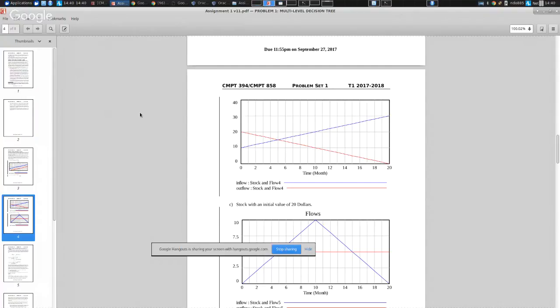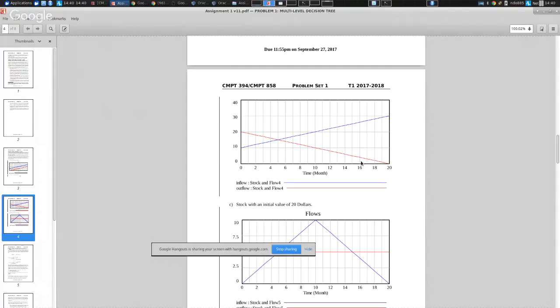So, if we have an inflow to the stock that looks like this, and an outflow that goes down like that, what would the value of the stock do over time? So if we have a stock that has an inflow and an outflow, it starts at a specified initial value, $20, say. And then we have flows into and out of it as given here. Well, how will that stock change over time? I want you to think that through.